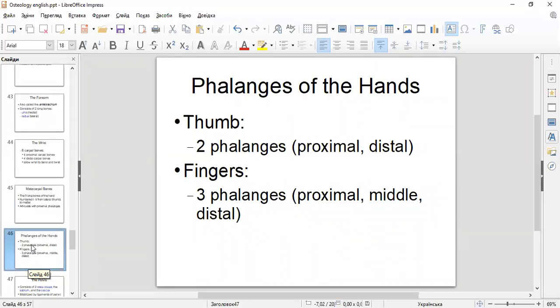Phalanges of the hands. Thumb has 2 phalanges, proximal and distal, and fingers have three phalanges: proximal, middle, and distal.